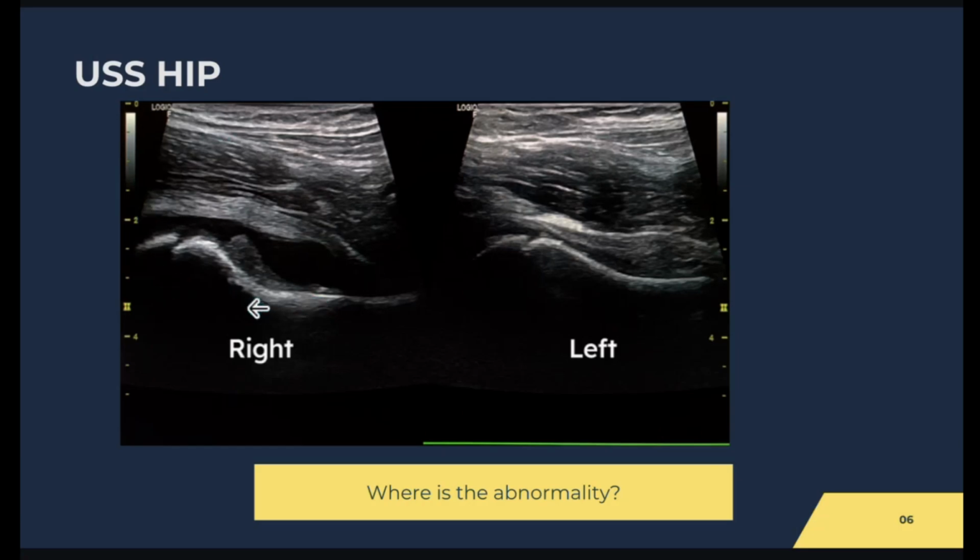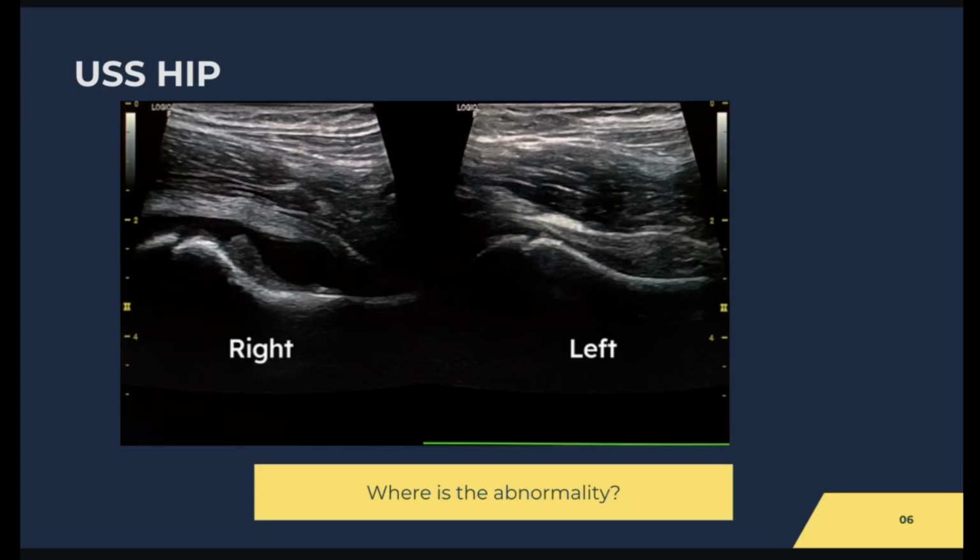Move the arrow north into the black hole. There, so that's the effusion. If you compare with the left, there is no effusion. So with signs of inflammation and infection and fever, if you see these, the orthopedic team are most likely going to aspirate to make sure there's no septic arthritis.